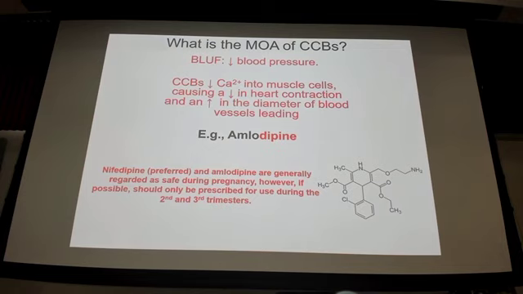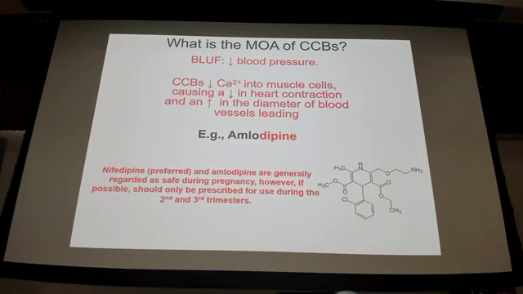Great job. Amlodipine, of course, we talked about; the dipine drugs are an example of calcium channel blockers. One of you scholars asked yesterday whether nifedipine can be taken during pregnancy. The answer is yes. It's preferred because it's been the most studied during pregnancy.